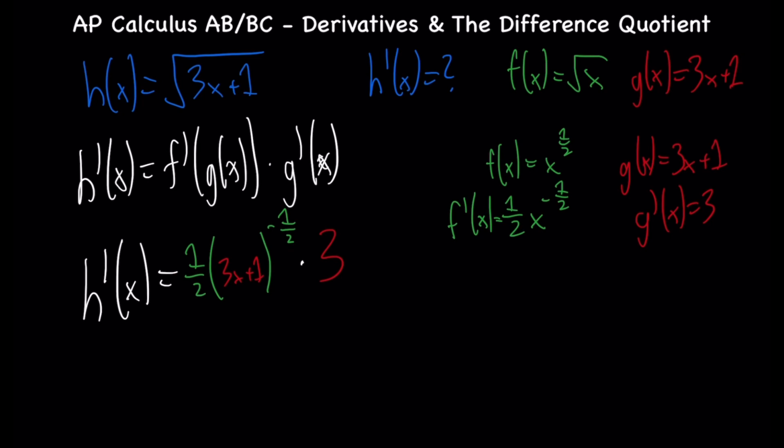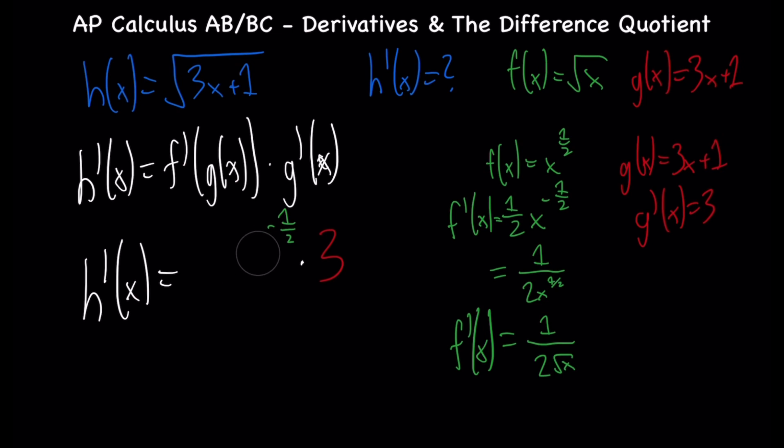Okay, so one thing that I did forget to go over is that to simplify this, 1/2 x to the power of negative 1/2 is basically the same thing as 1/2 times 1 over x to the power of 1/2, which is also equal to 1/2 times 1 over the square root of x. So you could think of it that way. As a matter of fact, I think it's easier to think of it this way.